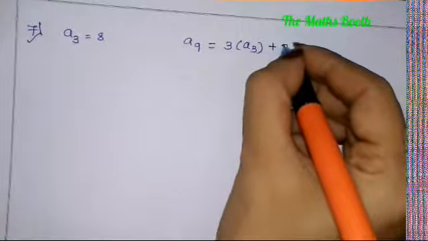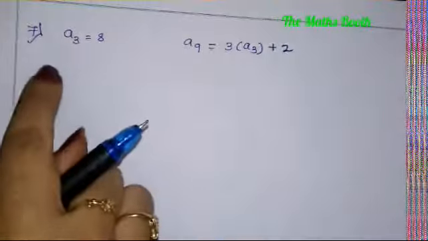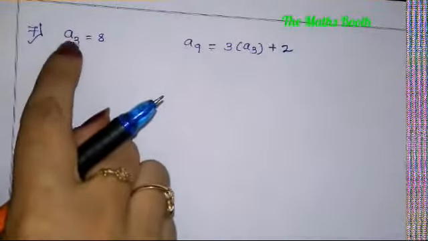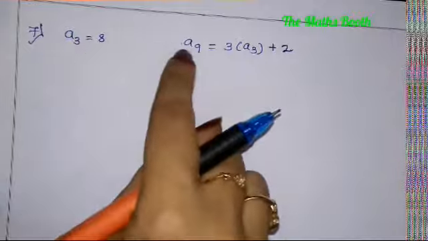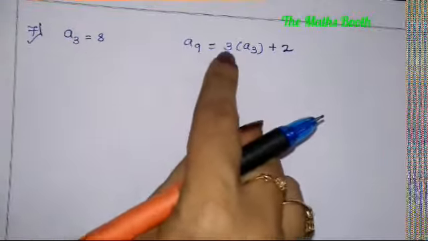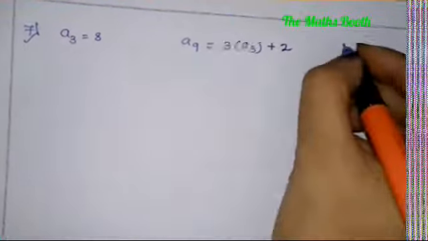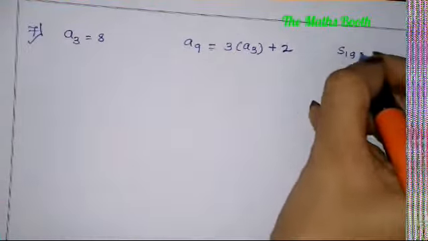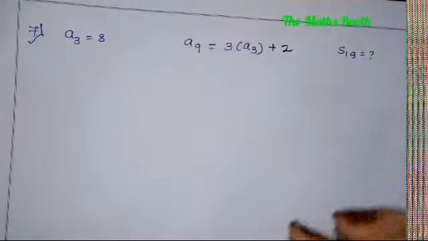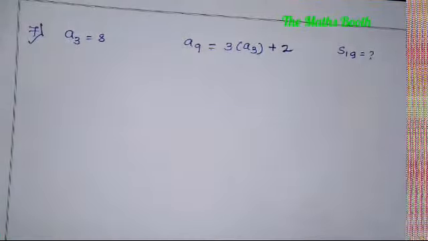Exceed in the sense it increases by 2. Let me read one more time: the third term is 8 and the ninth term exceeds 3 times the third term by 2. Find the sum of 19 terms. Yes, 19 we have to find. So let me start solving here.